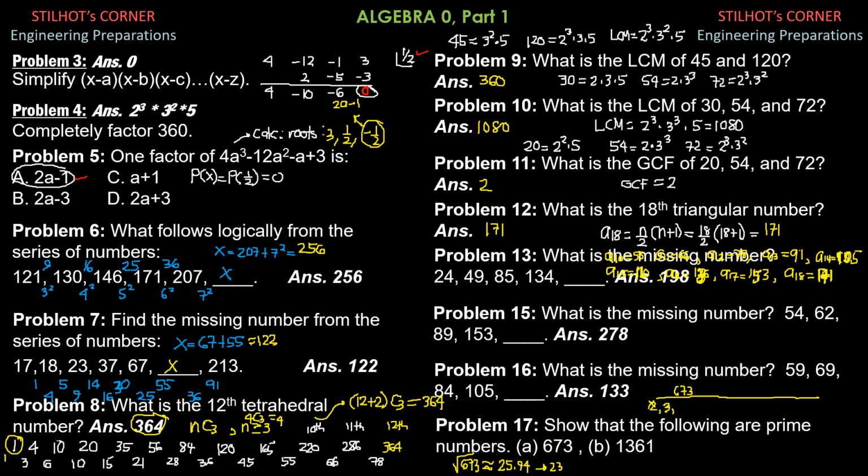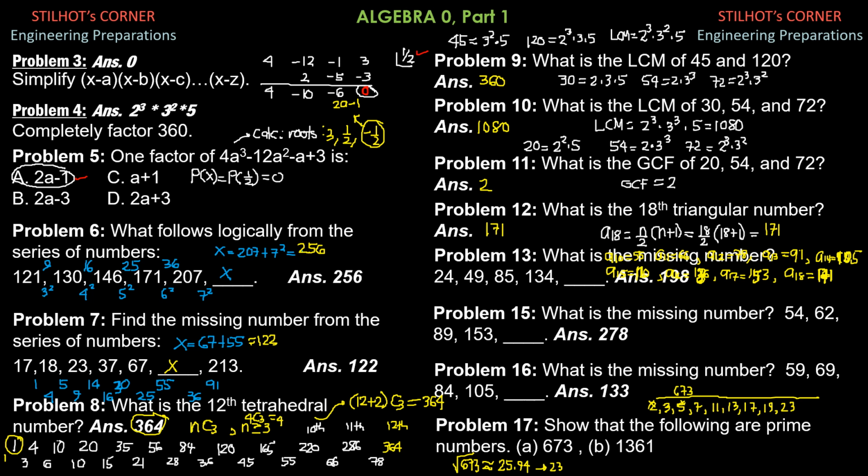Next is 5, but definitely 673 is not divisible by 5. So that's why you also cancel 5. Next is 7, then 11, then 13, then 17, then 19, then 23. So 673 divided by 3, 673 divided by 7.